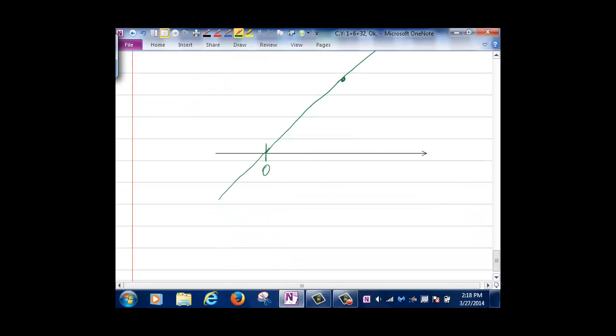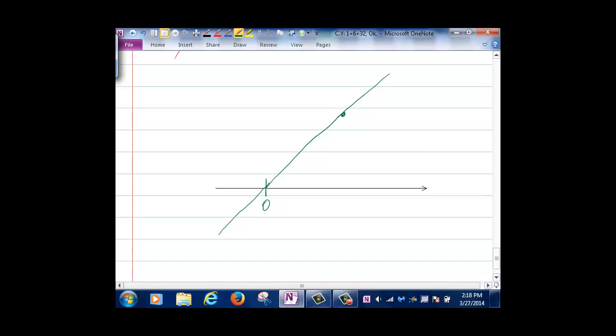Now, instead of rotating it counterclockwise, what if I rotate it clockwise by this much? Then where is the positive side of the polar axis? In the bottom. But my P is still here, and the distance from the origin is now negative, whatever r I had before, negative of that. So it will be negative r comma theta.